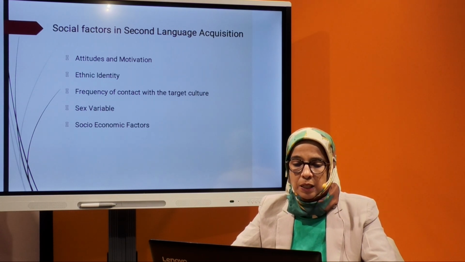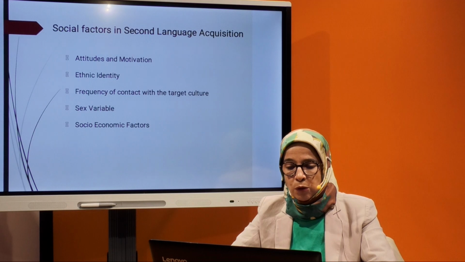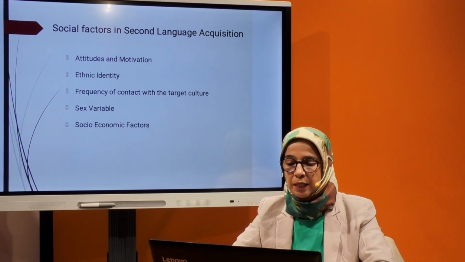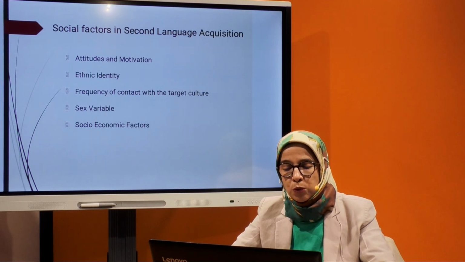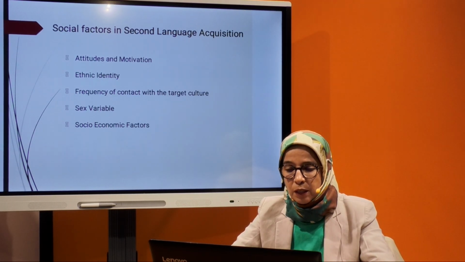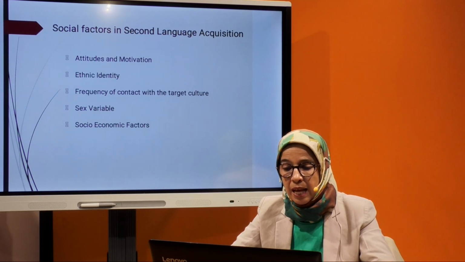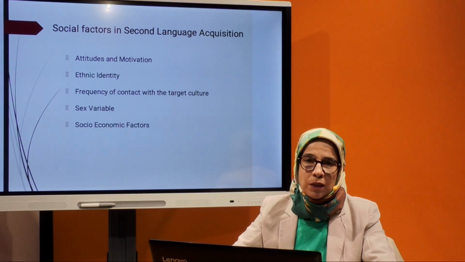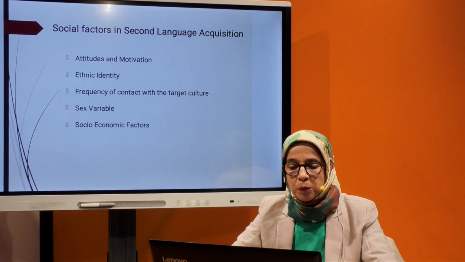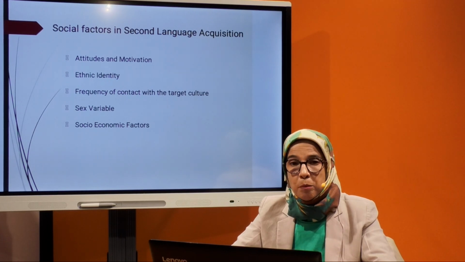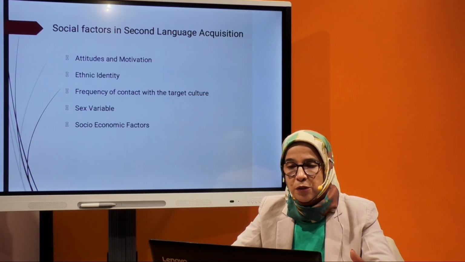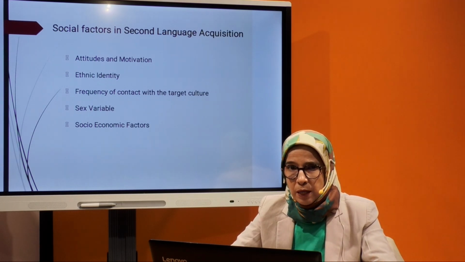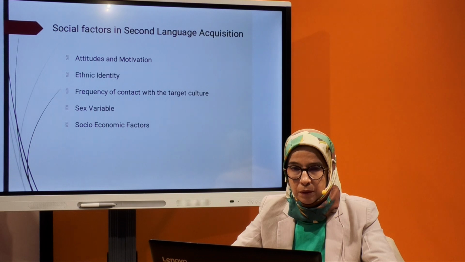So the implication is that for learners to achieve a high level of proficiency in a second language, they have to be able to think in a new way, to develop new behavioral habits and tasks, to reduce their sense of language ego, and to be ready to share the patterns of the target language and to be able to share the feelings of its people.